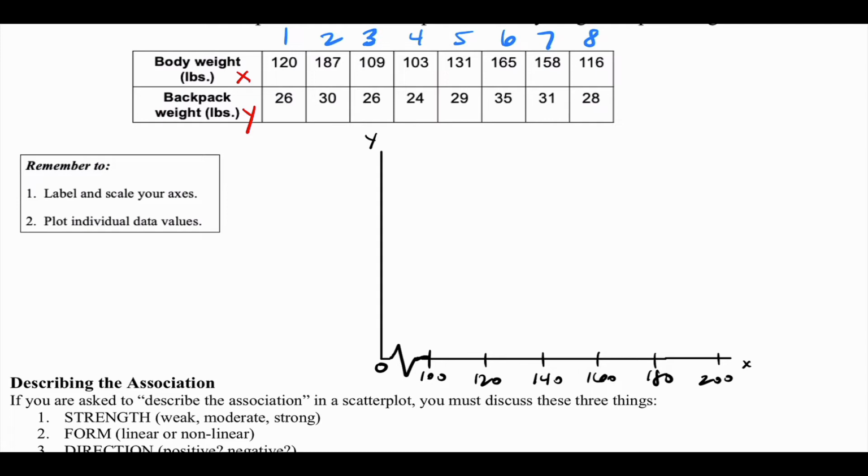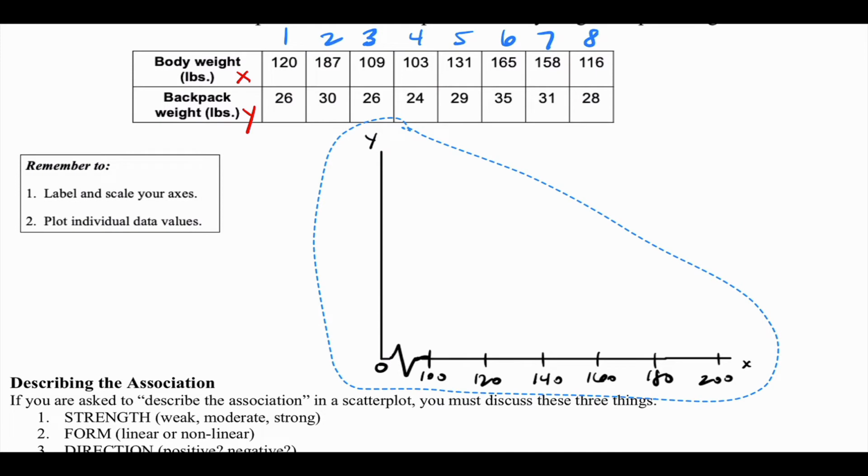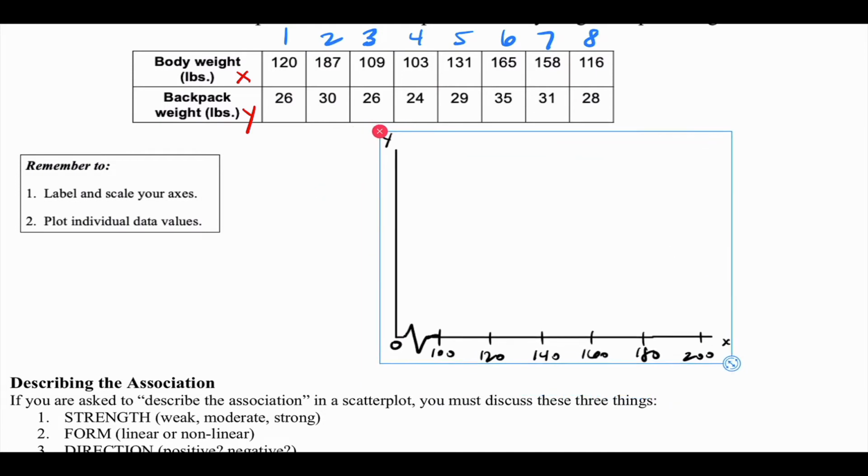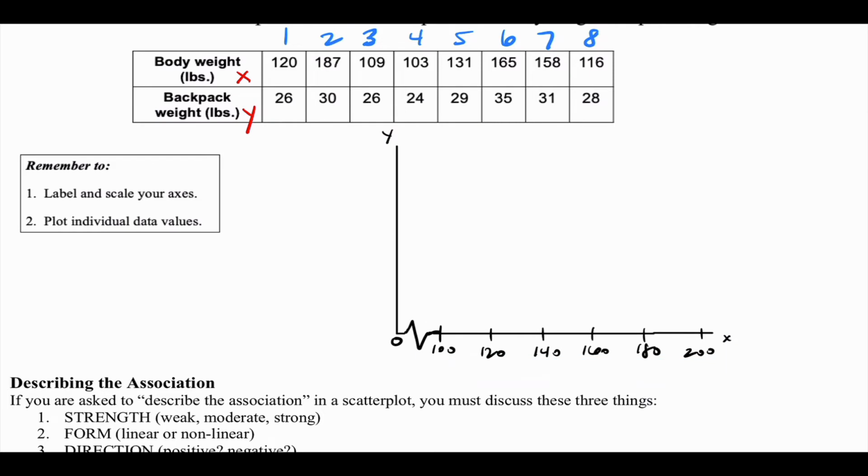Backpack weight. Backpack weights are not as high. Oh, so we want to label here. Wait, let me label. Underneath this, I want to put what they are, pounds. All of these are pounds.